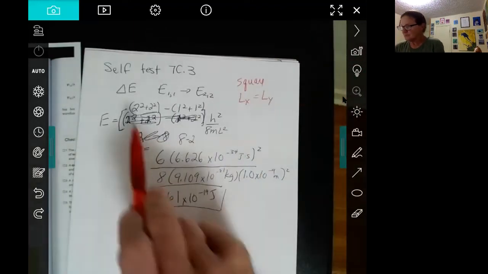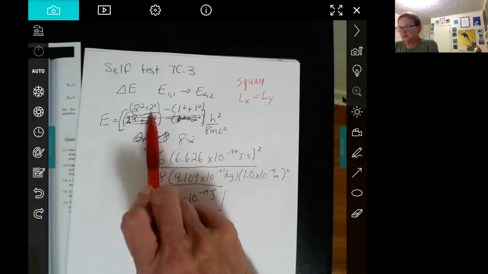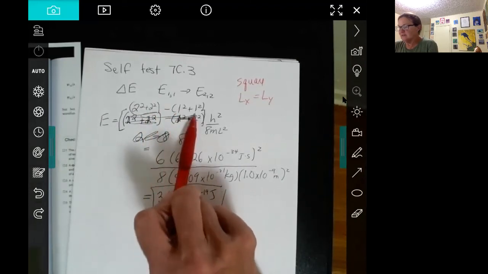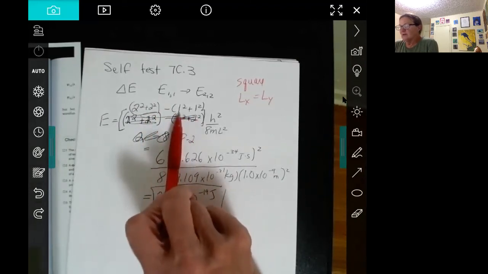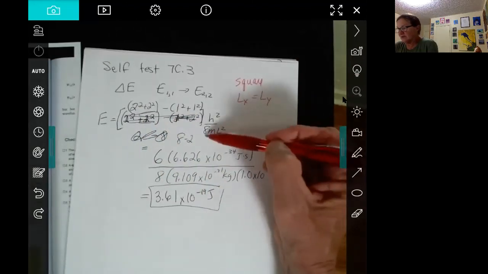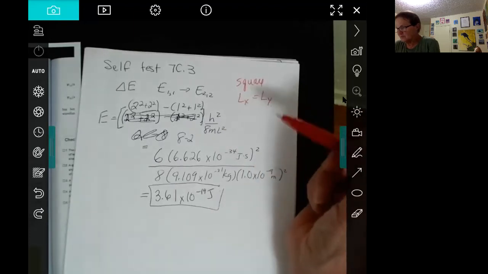So that means it's going to be nx and ny of 2, square them both and add them, subtract nx and ny both being 1, square them and add them, and then multiply by h squared over 8m L squared because they're equal to each other.